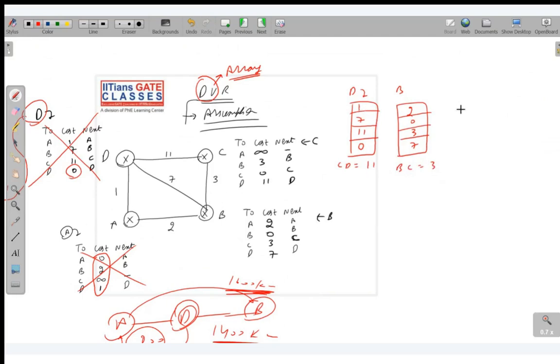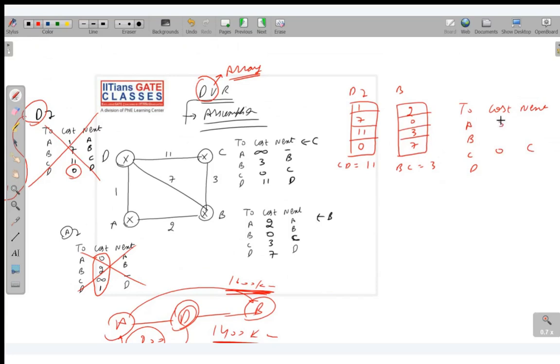So now it will make a new table. 2 cost next. So it will be A, B, C, D. For C to C, first you put 0. Then we will start. For A: 11 plus 1 is 12, 3 plus 2 is 5.